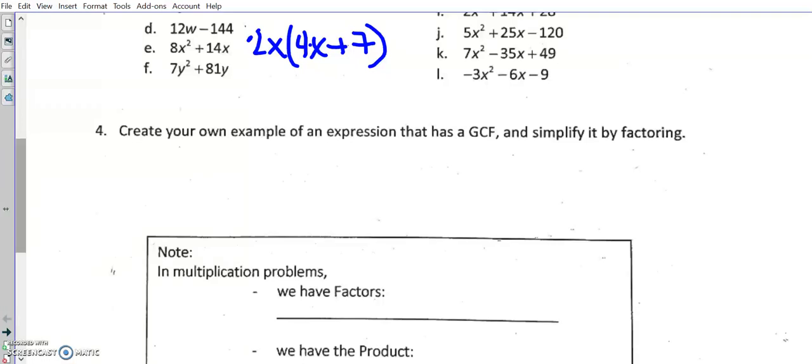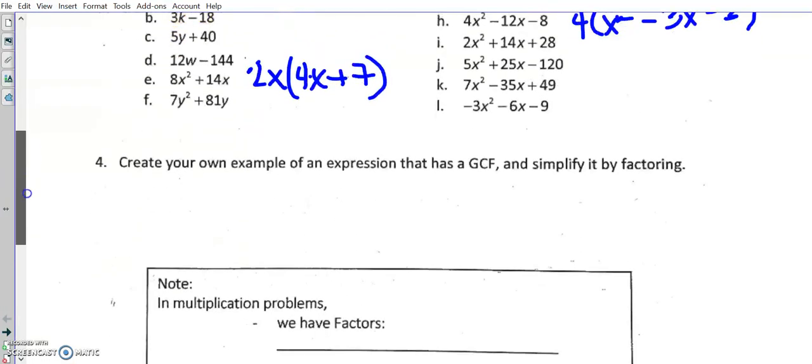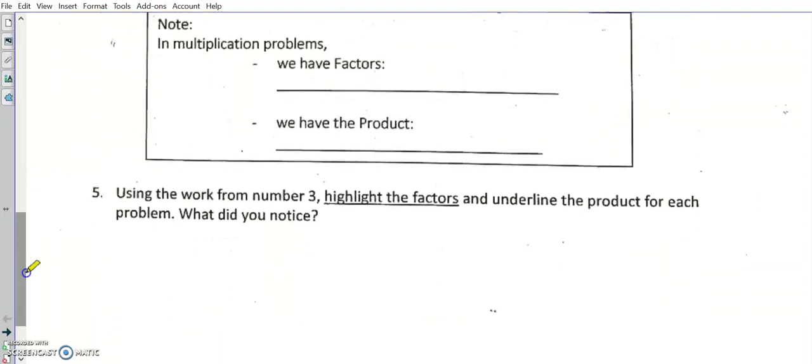Now, this video should be kind of quick, but looking down here we have factors. Factors are numbers or variables we can multiply to get another number.